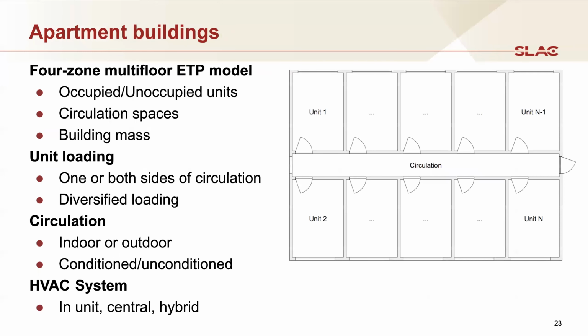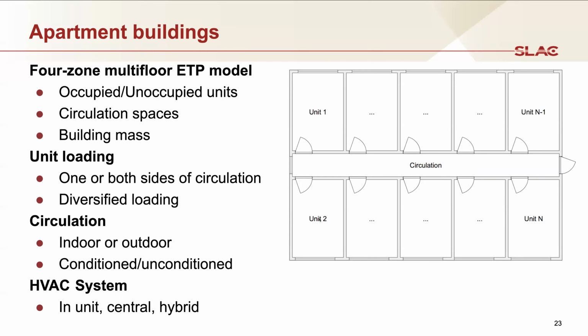All right, so moving on to larger buildings, the apartment building model is still undergoing development and validation, but I wanted to go through it to give you an idea of what the 4-zone model looks like and how it's developed. It's quite different from the residential model. It models multi-floor apartment buildings with both occupied and unoccupied units, as well as circulation spaces.